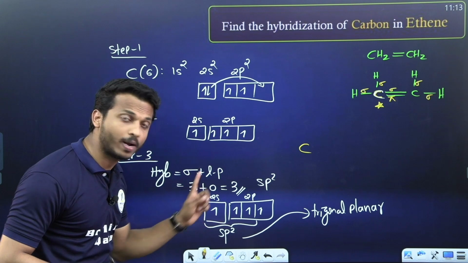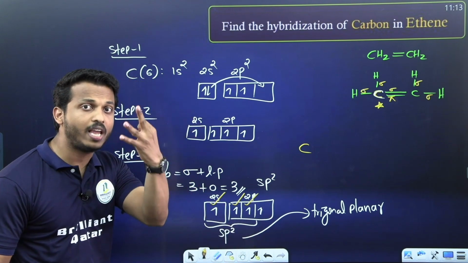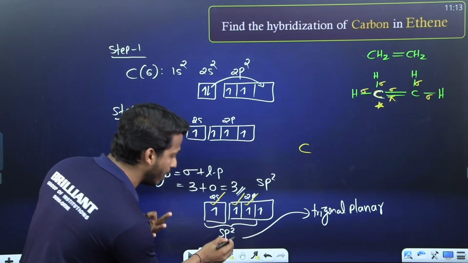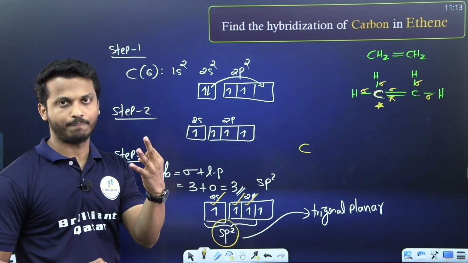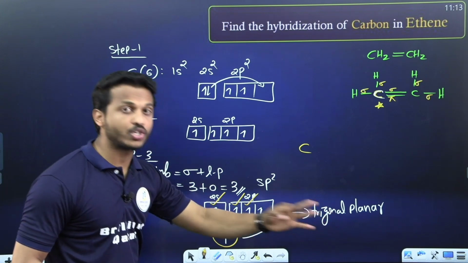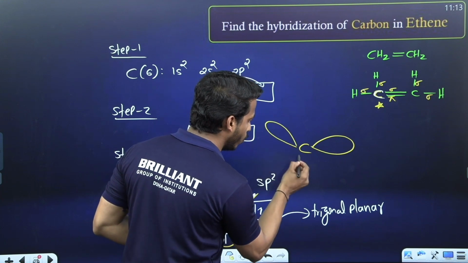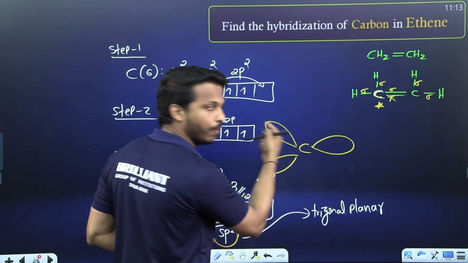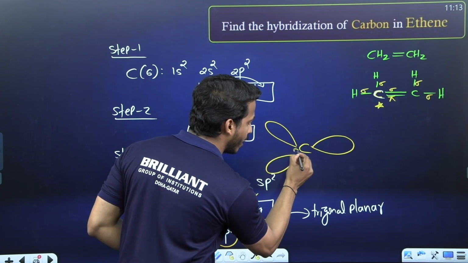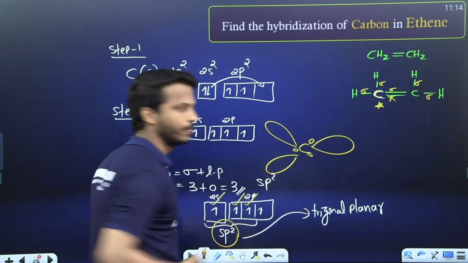How many atomic orbitals are mixing? 1, 2, 3. These 3 you mixed, so 3 sp2 orbitals will form. 3 orbitals maintain the trigonal planar structure. How to draw it? 1, 2, 3. Have you seen trigonal planar? We can write it like this, this one and this one.